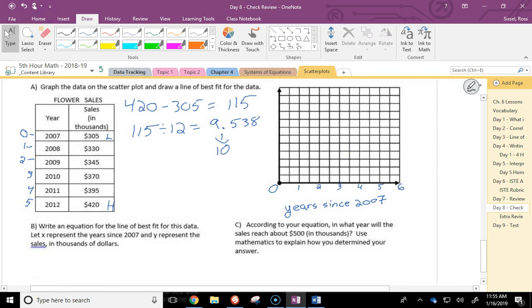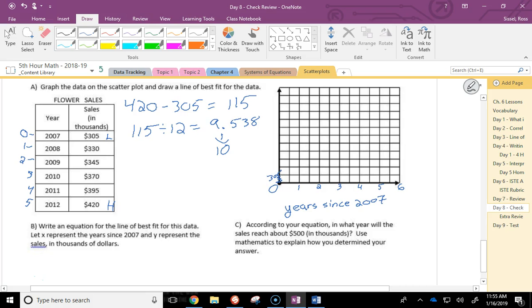Well, I do have to do the squiggly line. But what should that first point be then? Close. 305. Why 305? Good. It should always be what we said our lowest number is. So 305. Now, this is just my personal preference: I don't like writing up every single line.